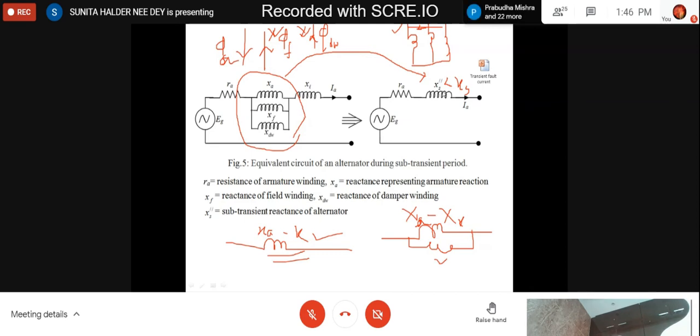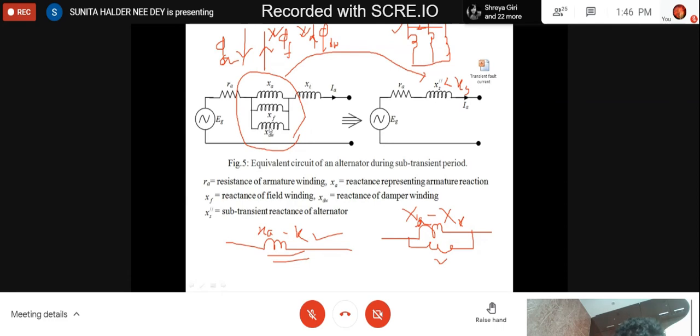If you go through your machine lab class of the synchronous generator, you will see that for this XS dash calculation there is an experimental method, because how they will behave we can never define from an analytical method. By some mathematics, we cannot do it. We need an experiment, the behavioral thing. As in your second year lab, you do one induced generator, the EMF developed curve for a generator. That we call the voltage build-up curve.